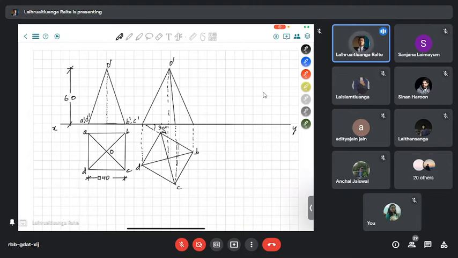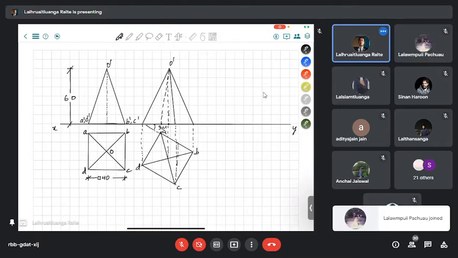Right. So the line O to A is going to be a dotted line. All right. So this is your axis. So more or less it will be looking like that.